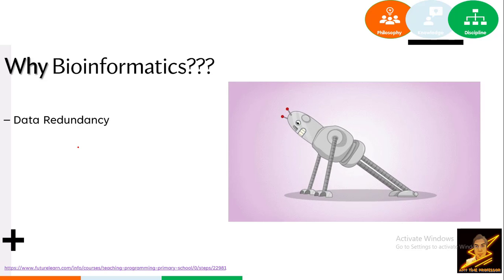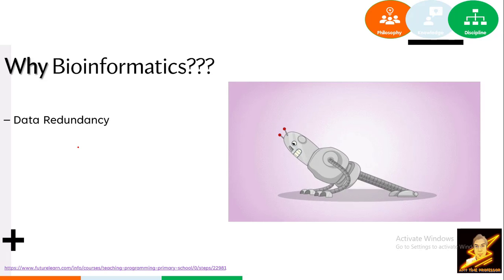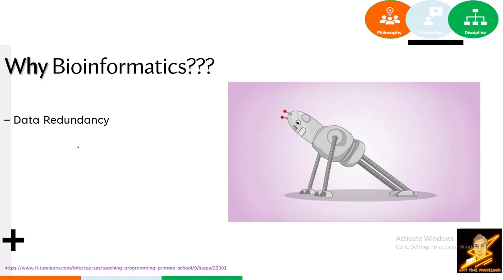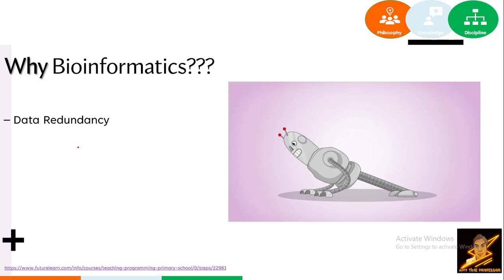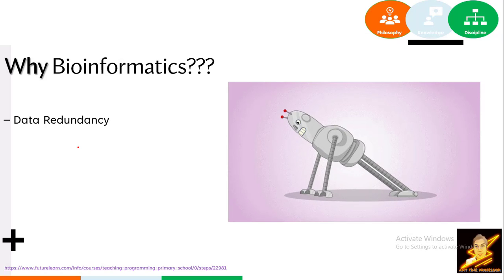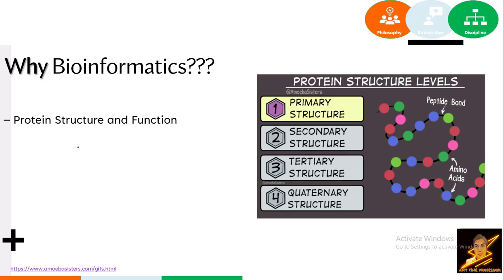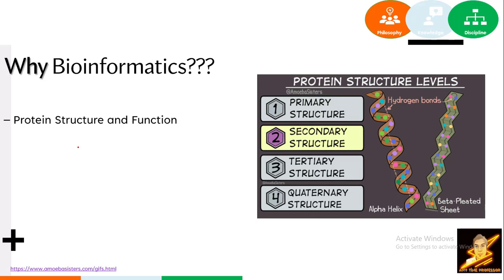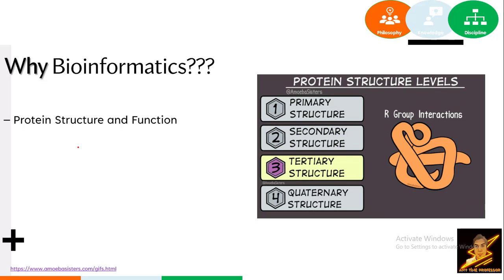Anyone may be working on the same problem, but what is the necessity of doing the same experiment again and again if we can reduce the time by the use of bioinformatics? I will tell you how we can reduce this data redundancy, or repetition of data, by the use of bioinformatics. The fourth thing that came to mind is related to protein structure. By simply looking at the protein sequence, we cannot determine its structure as well as function.